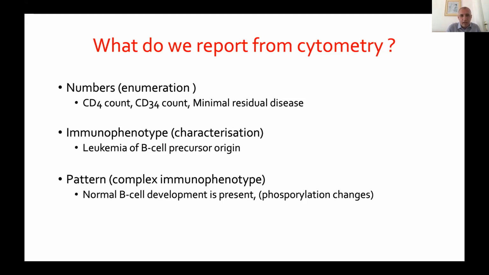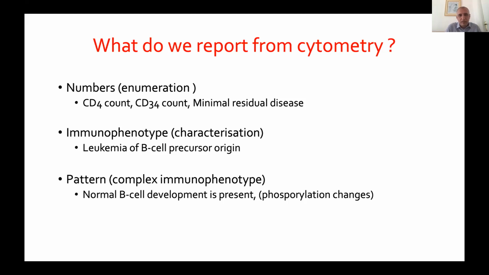It also can report immunophenotype as some sort of characterization of cells of interest. This is especially true for leukemia diagnosis, where we need to assess which type of leukemia we diagnose at the moment, and share this information for the benefit of the patient.